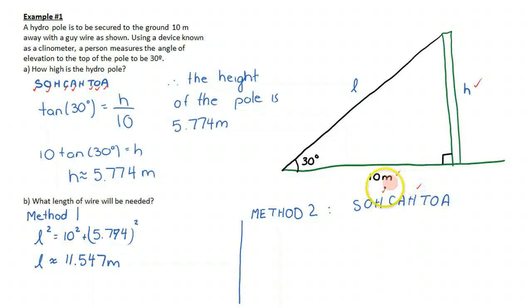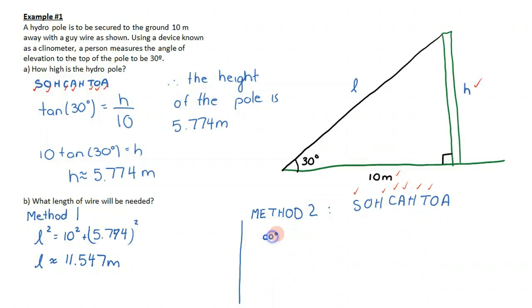So I need a ratio that has the hypotenuse in it. I'm given the angle 30 degrees, so I could use sine, cos, or tan of that angle. And then when I look, we have the angle, we have the hypotenuse, and since in the last question I calculated the height, I could use that, but since I was given the 10 meters, I'm going to go with using the adjacent. So that means I'm going to use cosine.